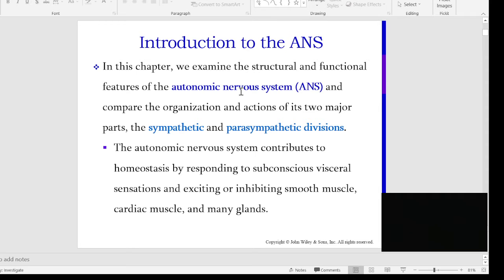The primary function of the autonomic nervous system is to maintain homeostasis, keeping our body in equilibrium, by using subconscious visceral sensations and exciting or inhibiting smooth muscles, cardiac muscles, and many glands of the body.